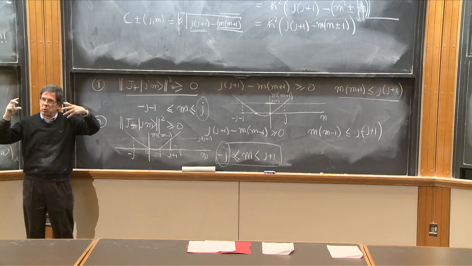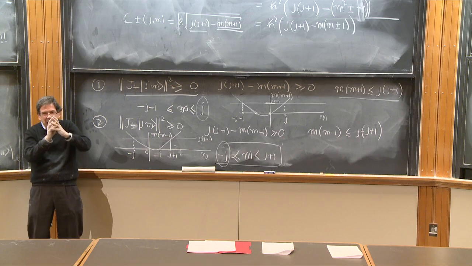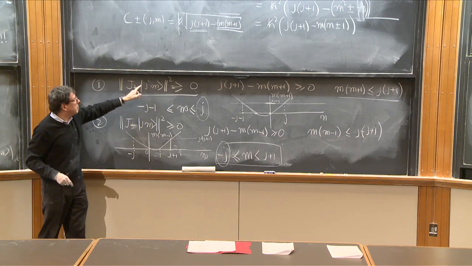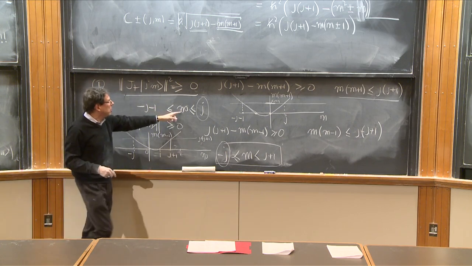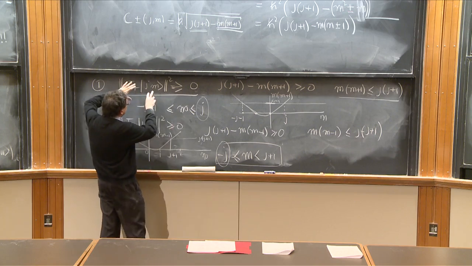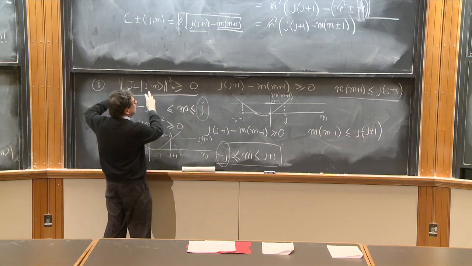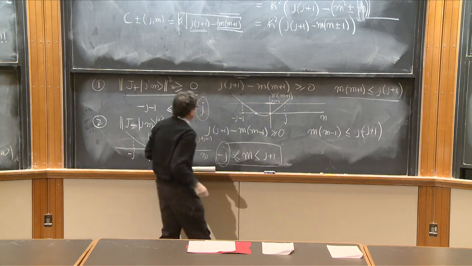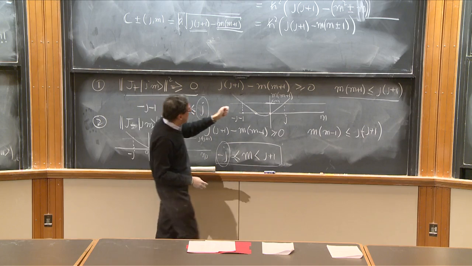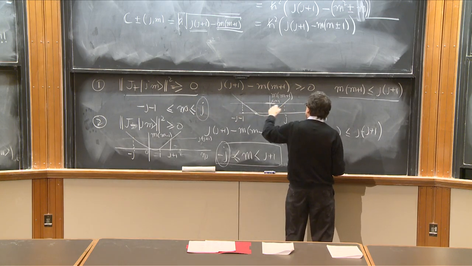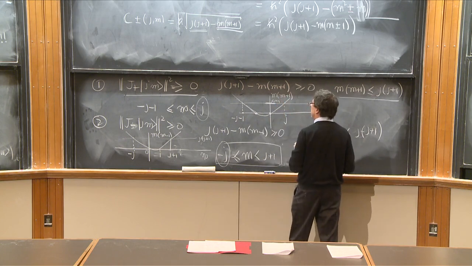In some sense, your intuition should be that j is the length of j squared, and m is mz. So m should not go beyond j. And that's reasonable here. In fact, when m is equal to j, this whole thing vanishes. So if you reach that state when m is equal to j, you get 0. So you cannot raise the state anymore.